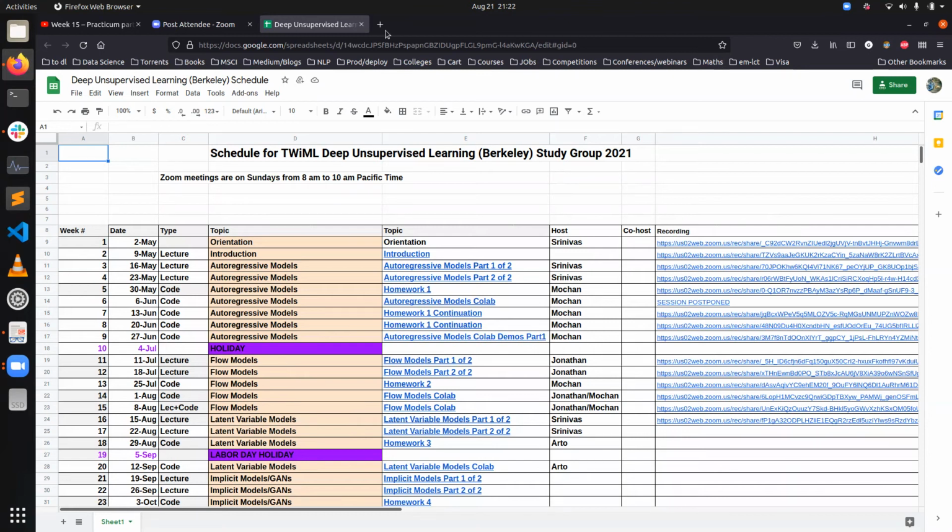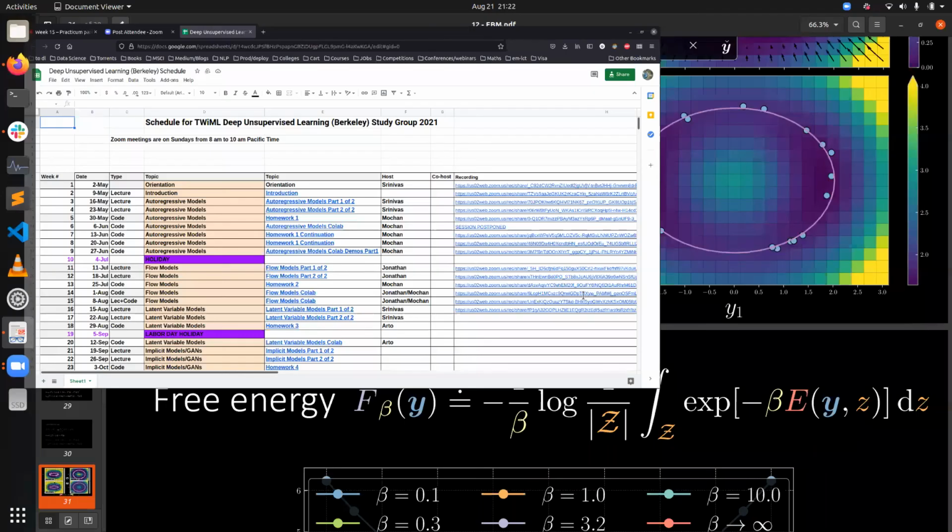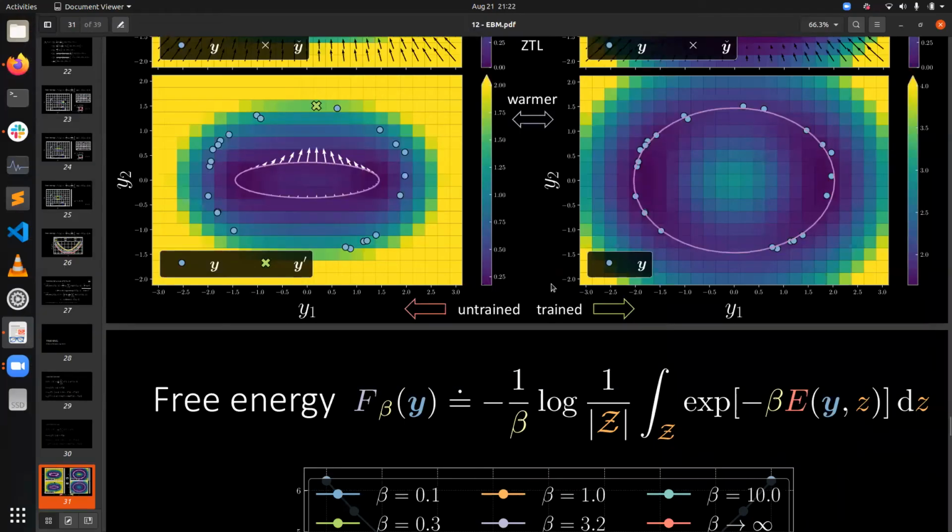Okay, thank you. Anyway, this energy-based models concept is more like a framework to think about the models rather than something very precise, right?